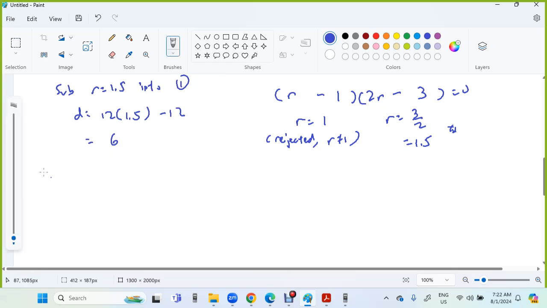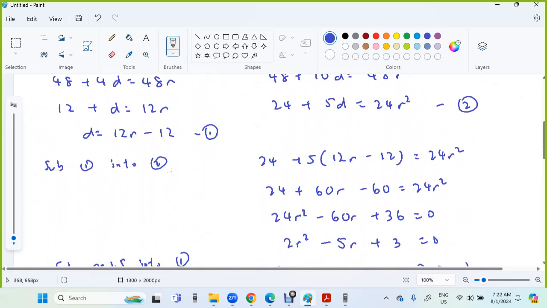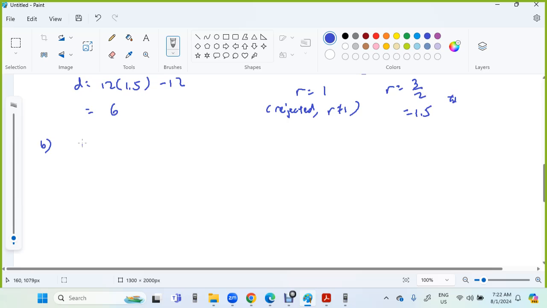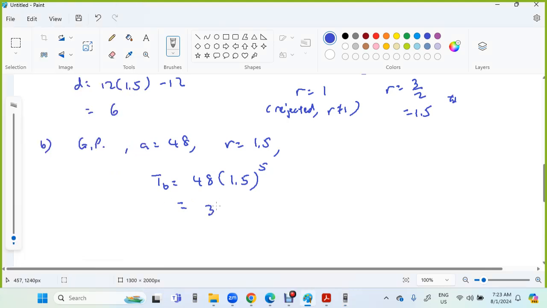Okay, B, we want to find the sixth term of each progression. So for the GP, the a is 48, r is 1.5. Then the sixth term will be 48 times 1.5 to the power 5, which is 364.5.